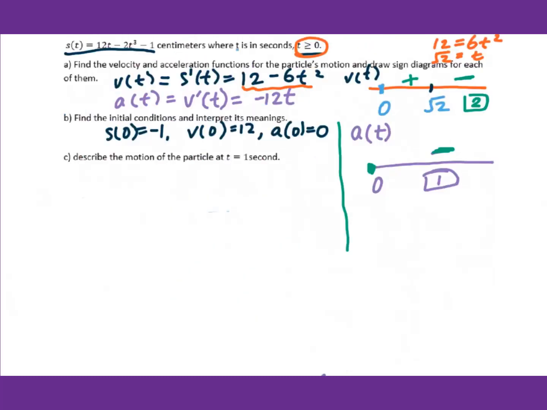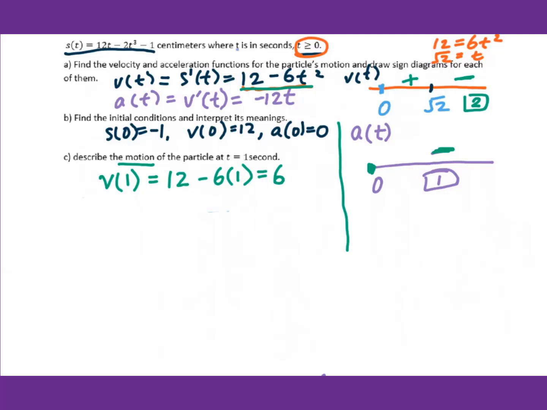Look at C. Describe the motion of the particle at t equals 1 second. Motion means velocity. So we plug 1 into the velocity function here. You have 12 minus 6 times 1, which equals 6.